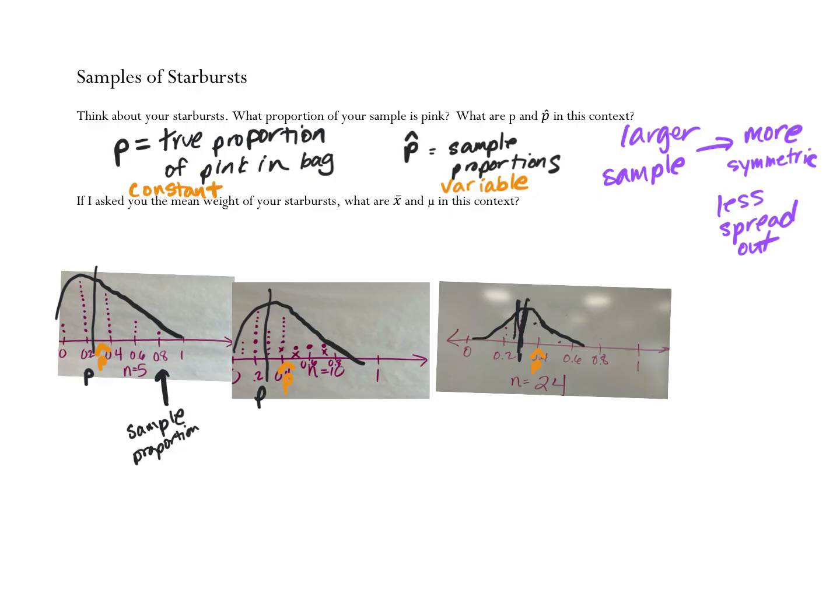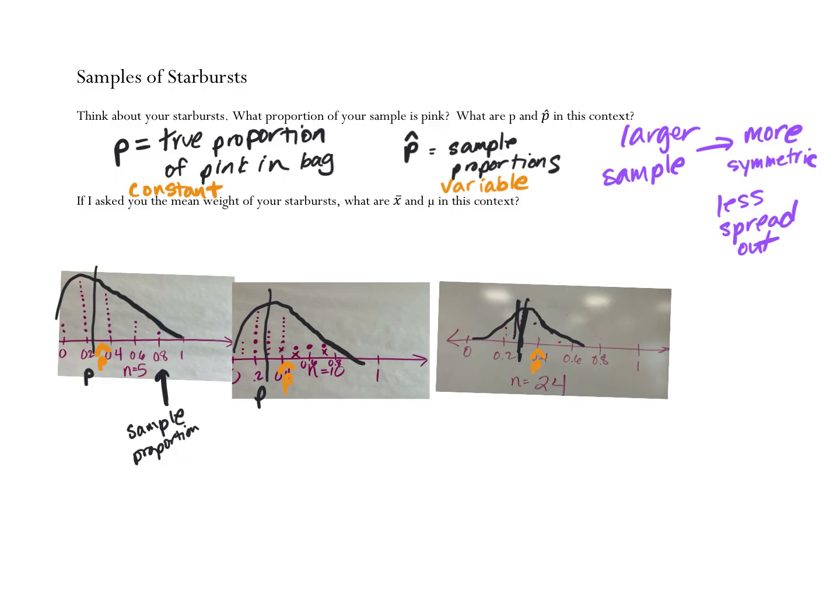How come we did not get an 80% pink for n equals 24 versus n equals 5? The larger your sample is, the more likely it is to resemble your population. We're comfortable with that.